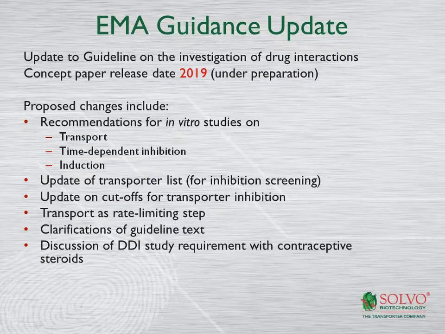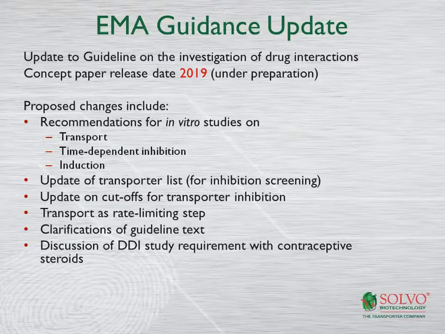The EMA guideline, which they hopefully want to publish in 2019, will also include recommendations for the transporters, maybe new transporters, maybe not, we don't know. Also on time-dependent inhibition, and on the induction of transporters, which until now is not really a focus.